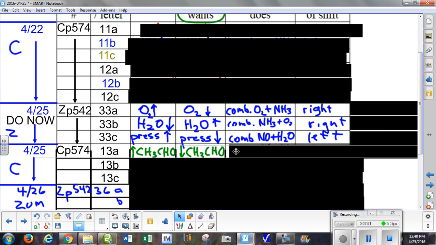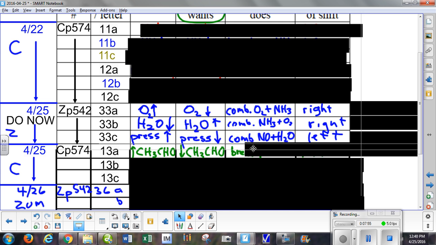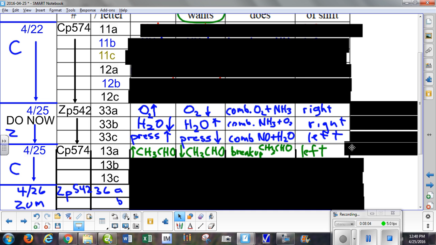Because CH3CHO is on the right side, I have to break that up. So I'm going to break that up, or rather Le Chatelier will, and by doing that, I am causing a shift to the left, because when it gets broken up, that means that the reaction is going to the left, making the original reactants, and that's the ethene and the water.